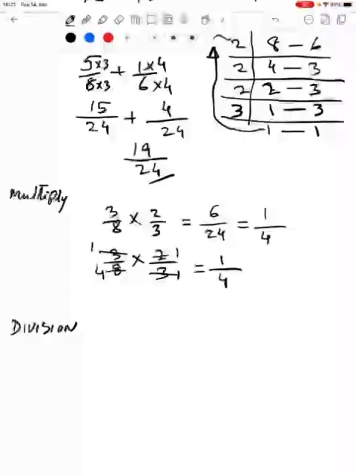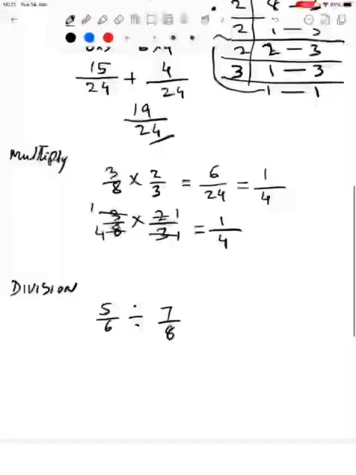5 over 6 divided by 7 over 8. For the division, you write the first fraction as it is. 5 over 6.